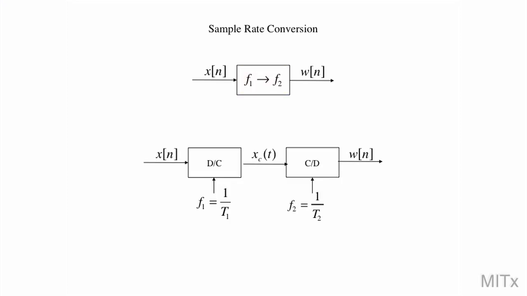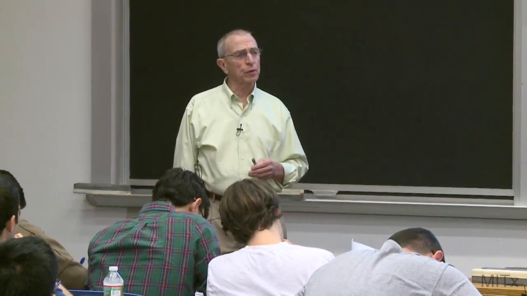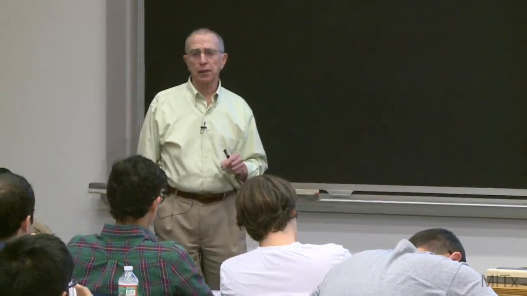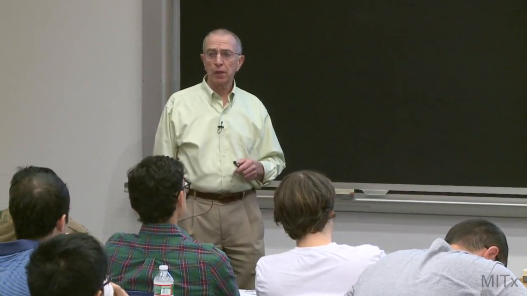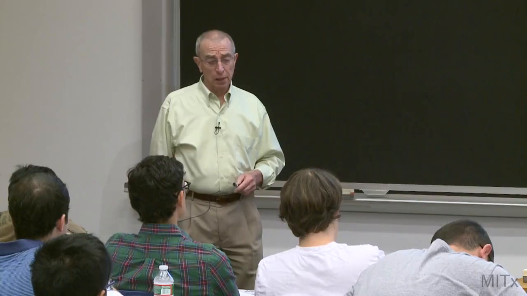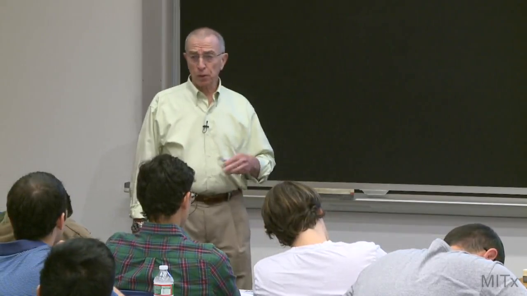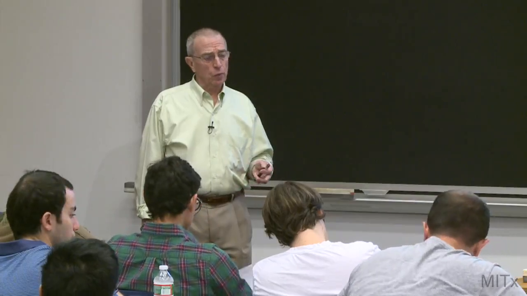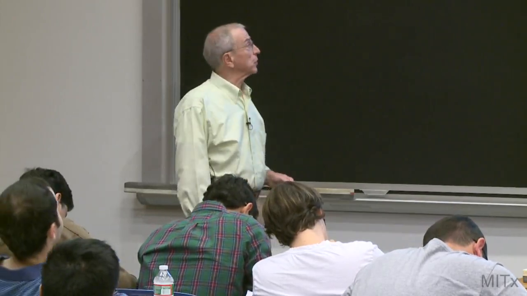Another has to do with the fact that upsampling and downsampling can be exploited in a very sophisticated and very important way in the context of implementing discrete time systems. Eventually we'll be referring to that as polyphase decomposition, and in today's lecture, we will just take one step in that direction.